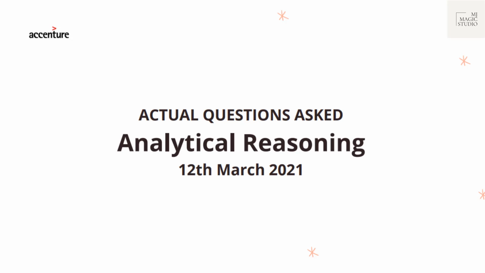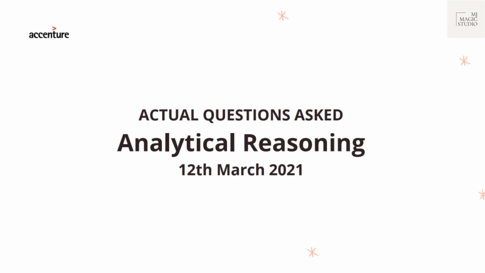And today I would be picking up a few questions from the reasoning section of Accenture, because lately we have seen that a new pattern has come and there is no more numerical ability in Accenture. Section 2 and Section 3 are now both reasoning. They are calling it critical reasoning, abstract reasoning, analytical reasoning, whatever the name.